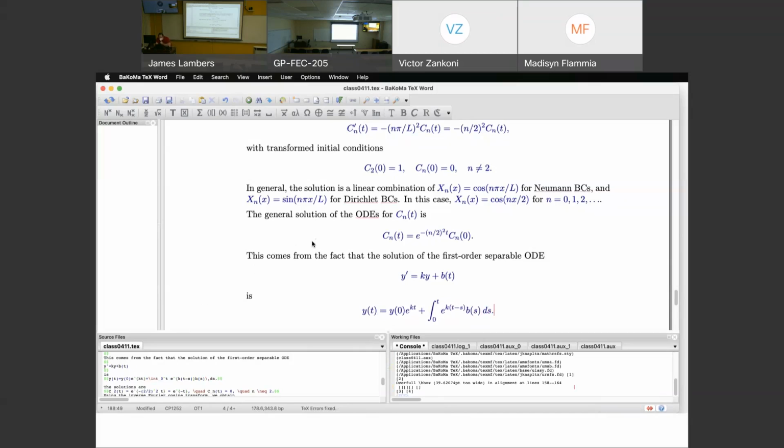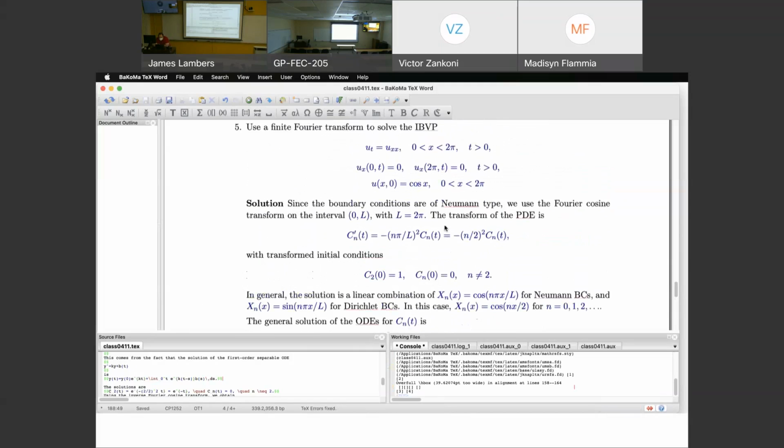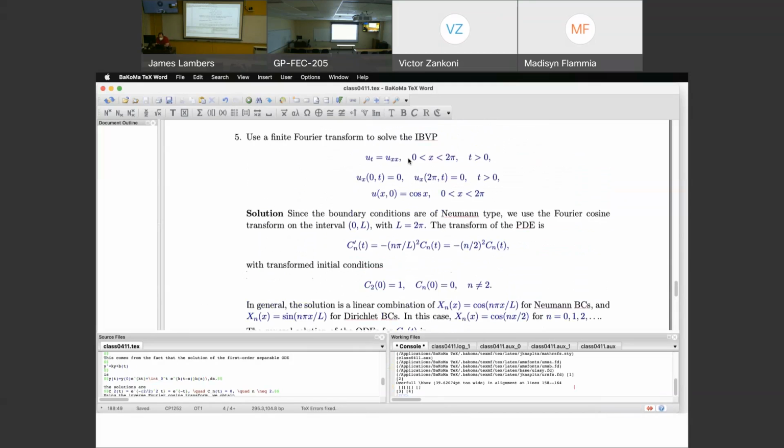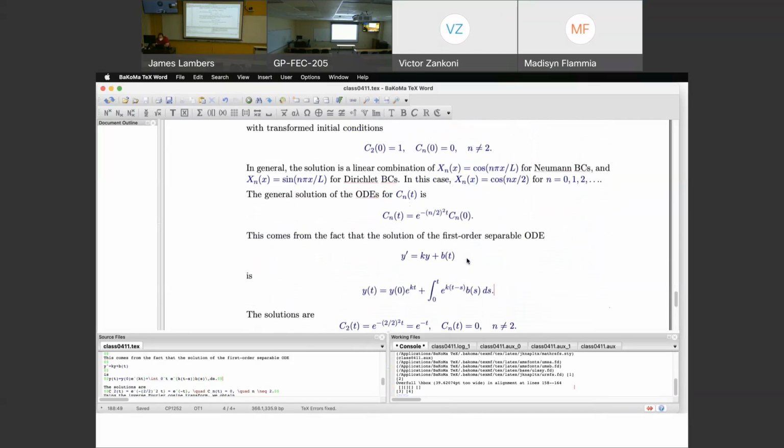So if the PDE is not homogeneous, there would be a source term here, and you would need to take the appropriate finite Fourier transform of the source term, which would lead to a source term in your ODEs. So this full solution formula would apply. But otherwise, it's just this.